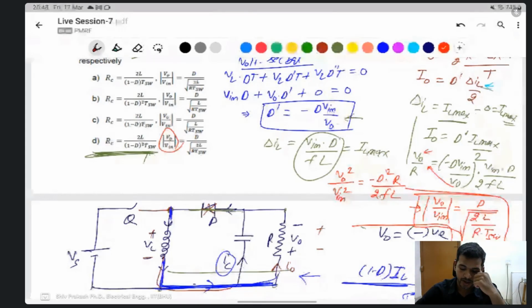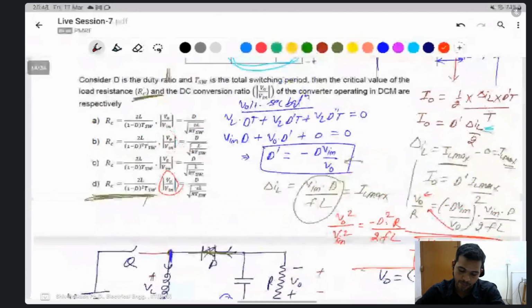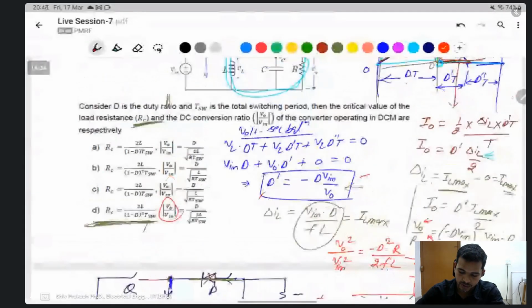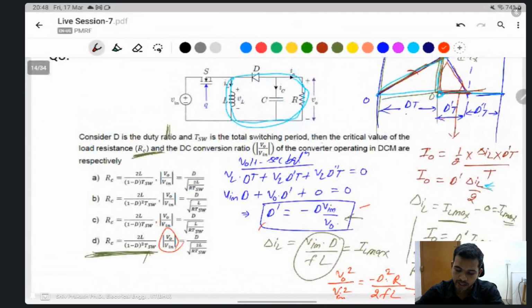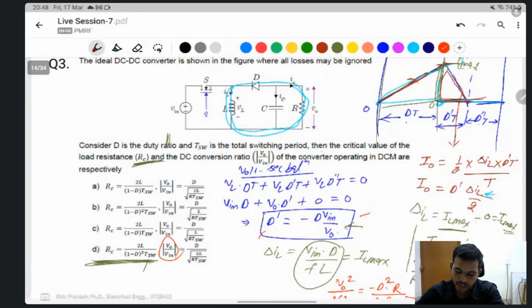First of all, find the average, apply volt-second balance equation, and find D dash. After that, take the output current. Output current is the same as the inductor current in the off time. Then find the average of this one. Average means the area of this one divided by the total time period.